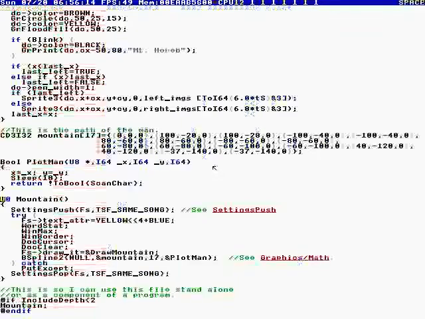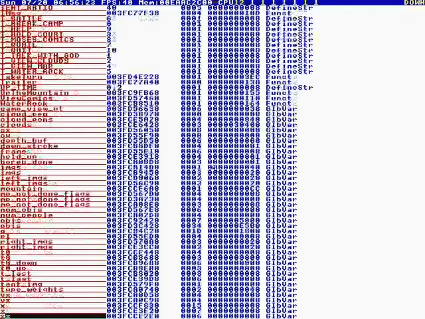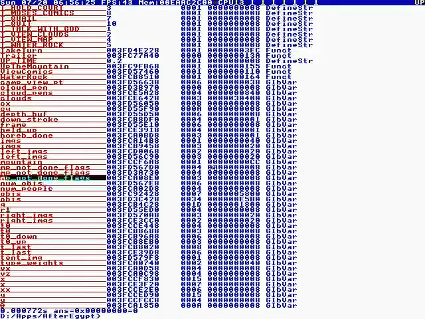So the mountain is a standalone. It works standalone or as part of the. These are global variables.